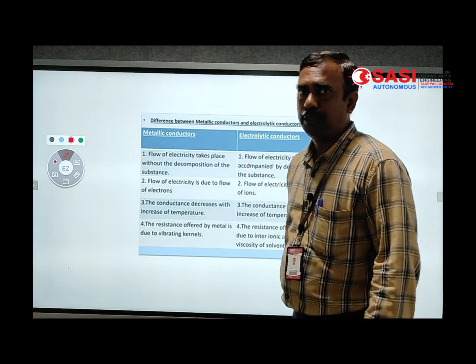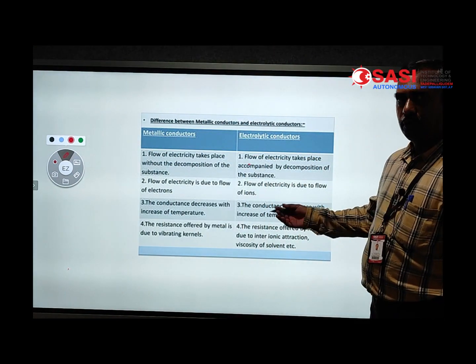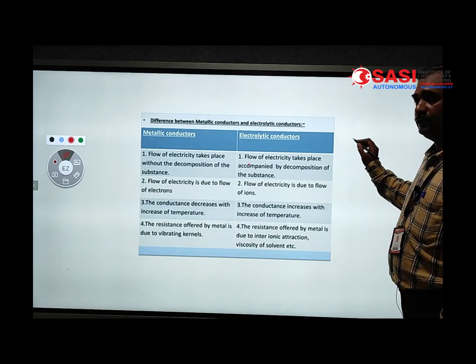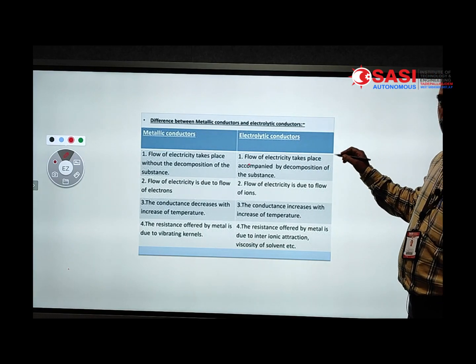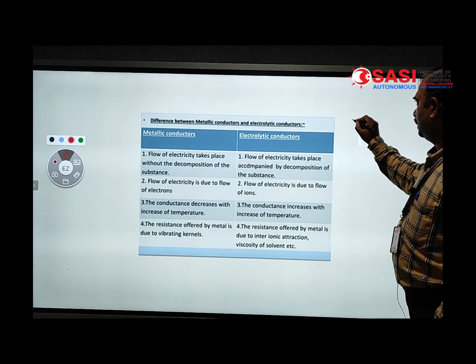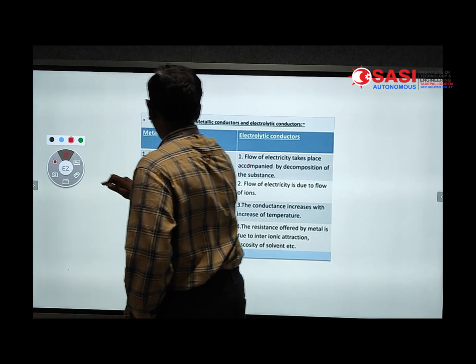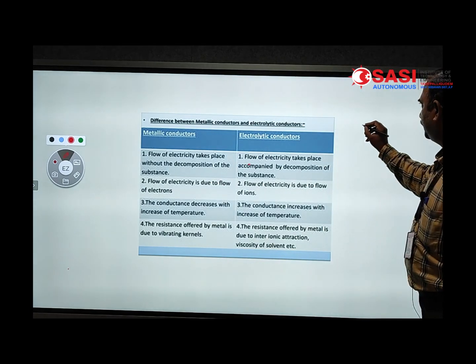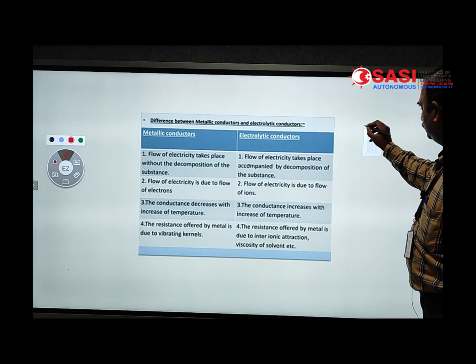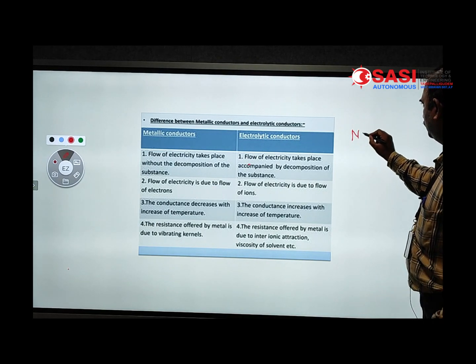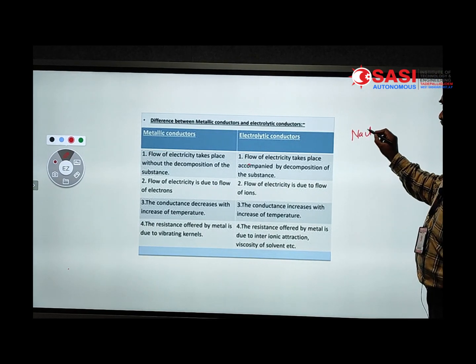So what is an electrolyte? We will go into detail later. At present, an electrolyte is a substance which dissociates to form its corresponding ions. If you take NaCl, it is an electrolyte.